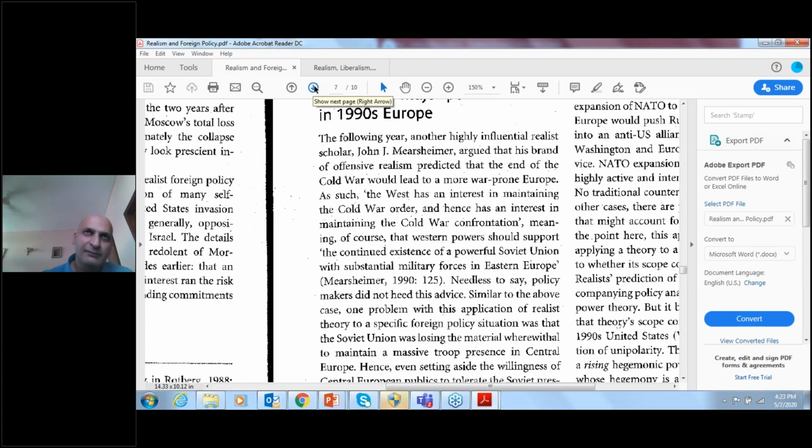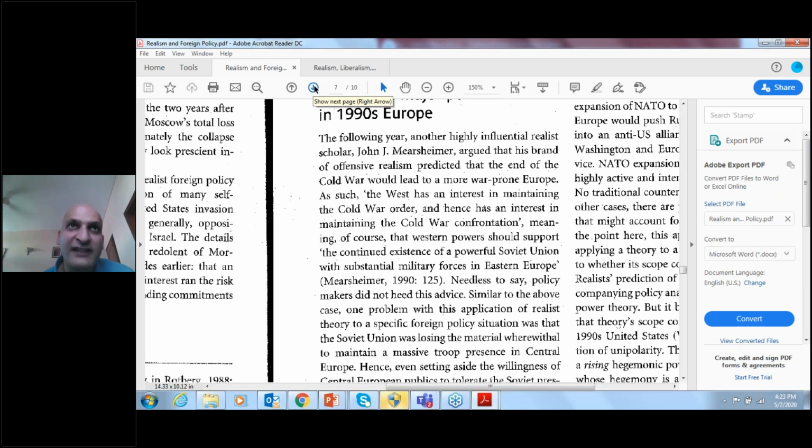The difference between Kenneth Waltz's theory and Mearsheimer's theory is that Waltz believes in defensive realism. That is, countries will increase their power in order to defend themselves, and only up to that point. Mearsheimer believes that countries seek power and will keep seeking power until they are the only one left standing.